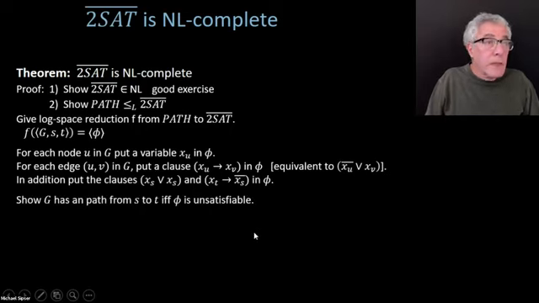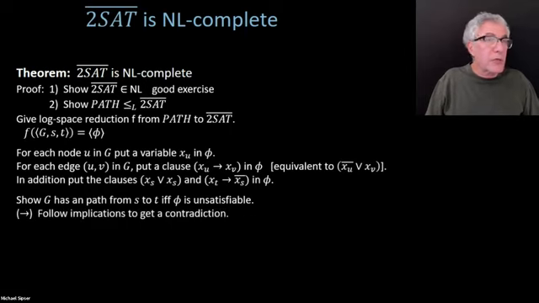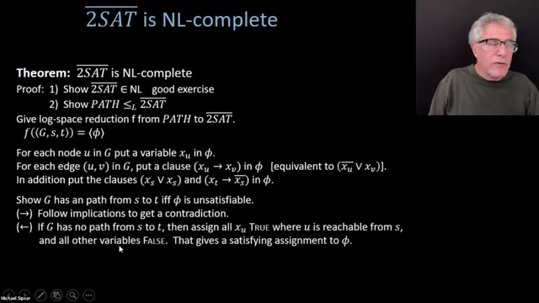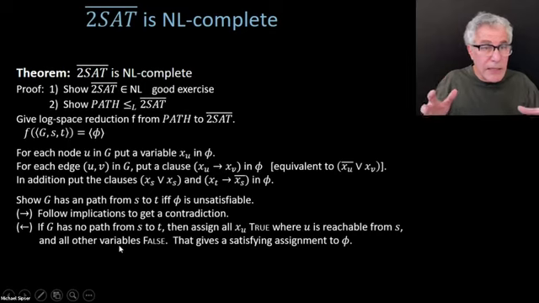So now you have to prove that this works. For the forward direction, if there is a path, you follow the implications to get a contradiction. For the reverse, let me not spend time here; I'll leave this to you to think about offline.